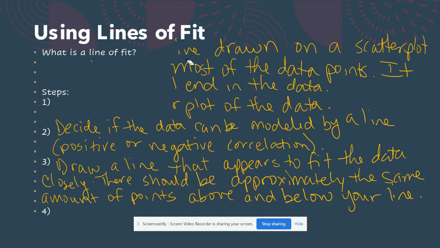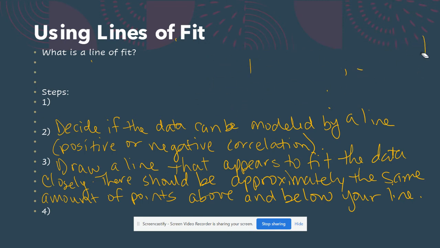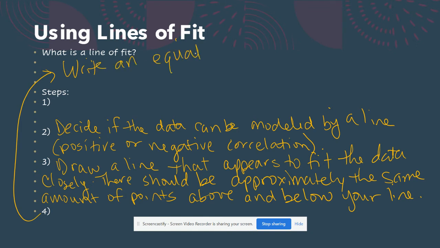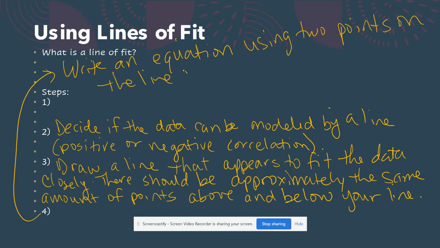And number 4, I'm going to run out of space, so I'm going to write it up here on the top. Write an equation using 2 points on the line you drew.